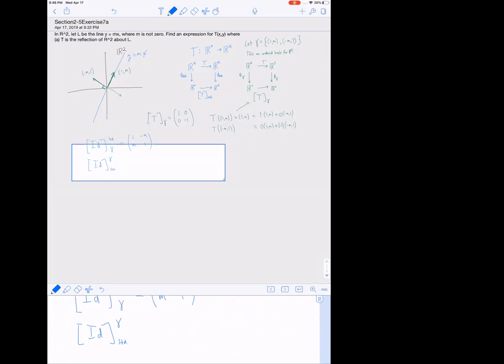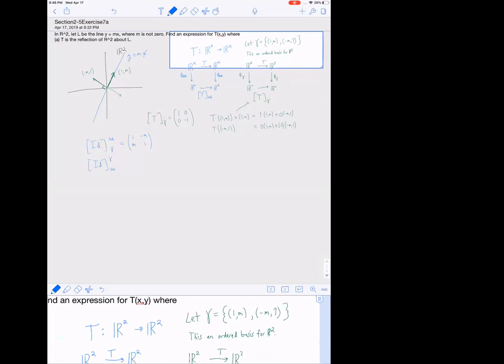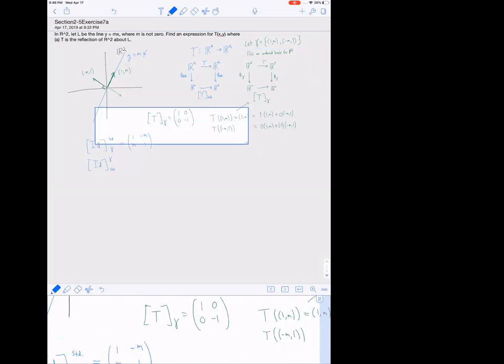We could try to do the same thing for this matrix, but if I apply the identity to standard ordered basis vectors, I'd have to write those as a linear combination of these vectors, and that's going to be super annoying.